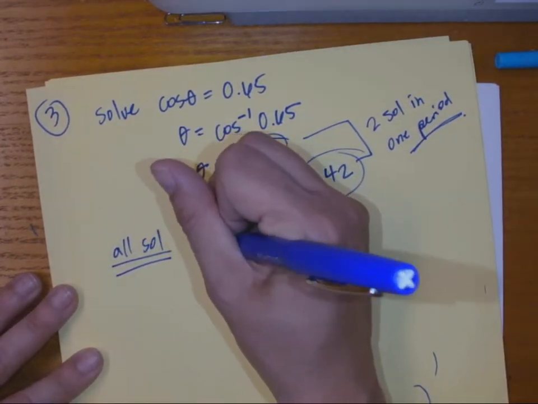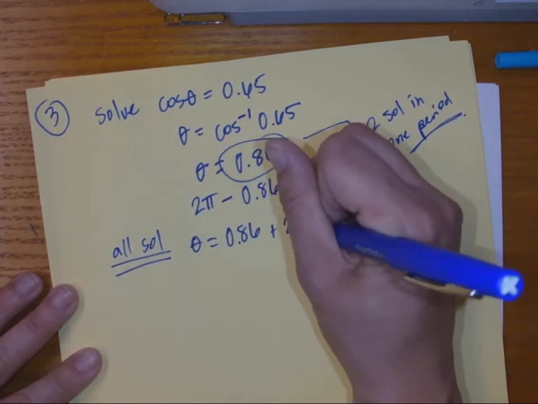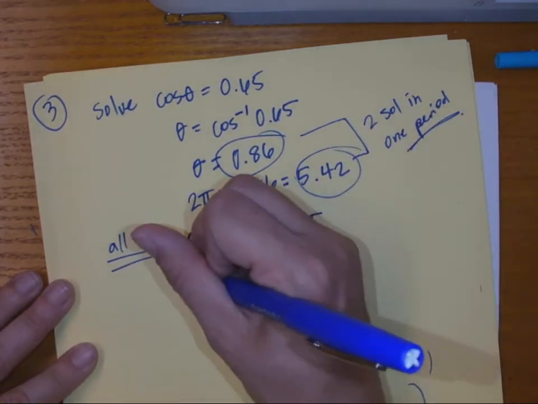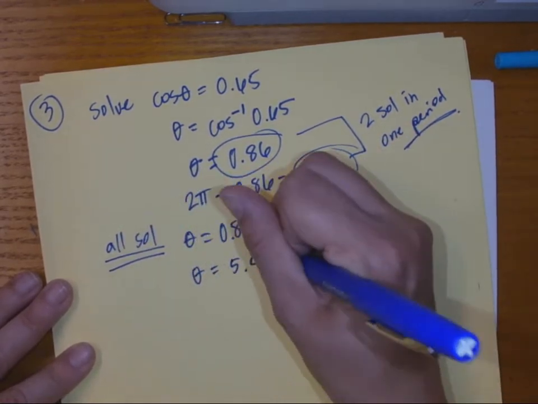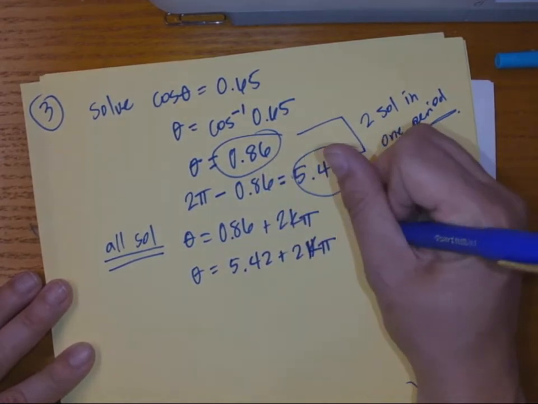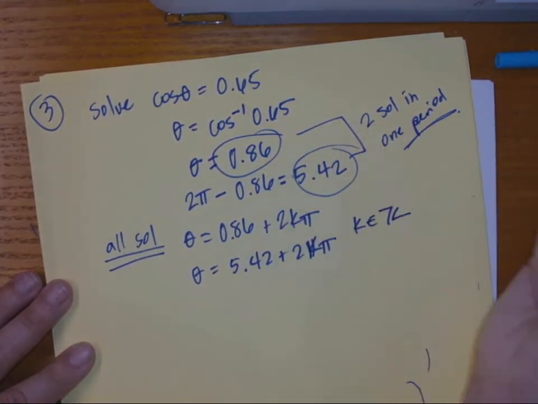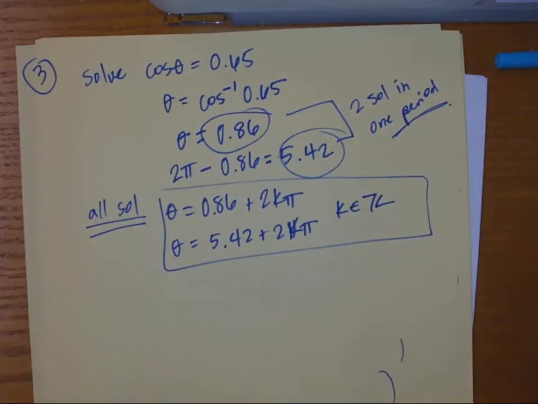So my answers are 0.86 plus 2k pi and 5.42 plus 2k pi. And remember to write what k is. K is an integer. So that's my answer for all solutions there.